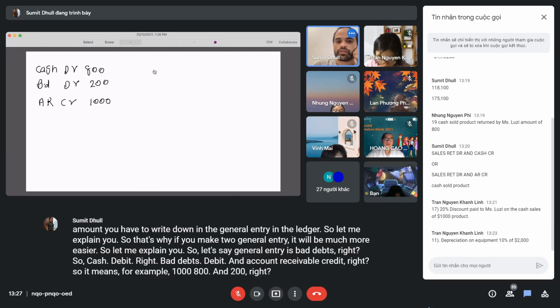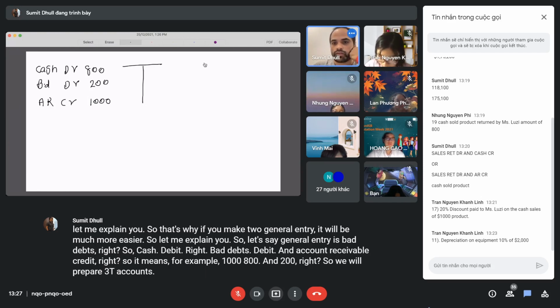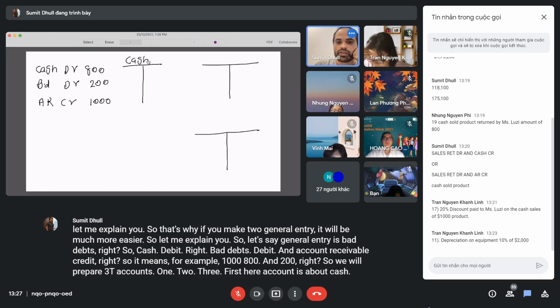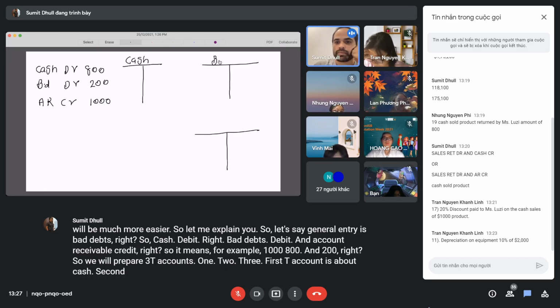So we will prepare 3 T accounts: 1, 2, and 3. The first T account is cash, the second T account is bad debts, and the third T account is account receivable.